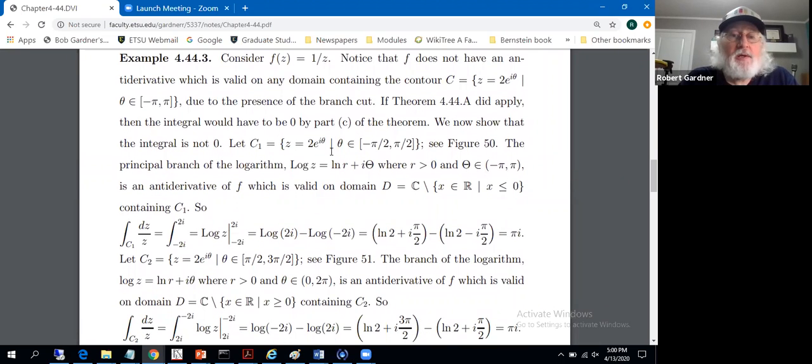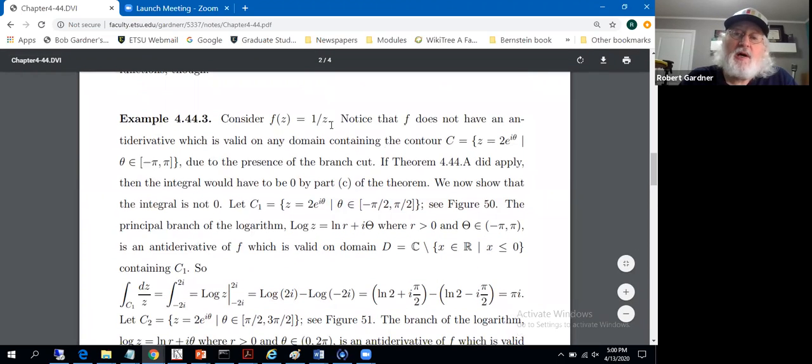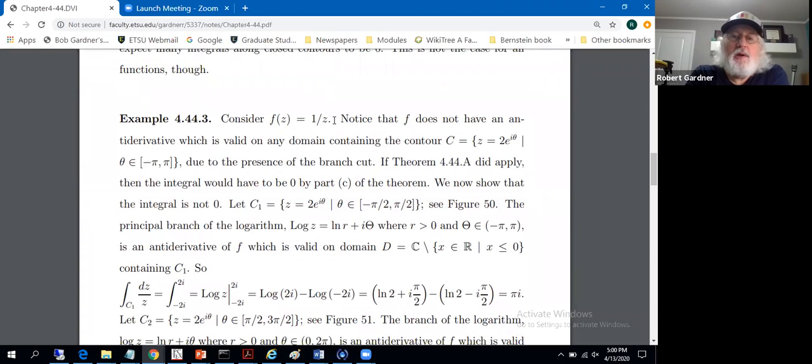All right, so here's our contour. We're going to break it into 2 pieces and deal with this integral piecewise. By so doing, we can find antiderivatives on pieces of the contour, and we'll just add them together. Okay, so let C1 be that contour restricting the angle to be between negative pi halves and pi halves.